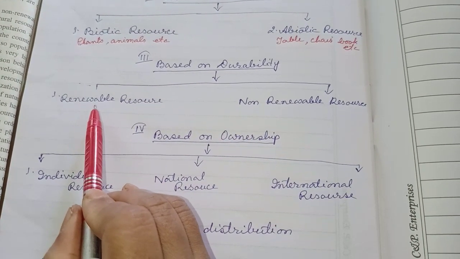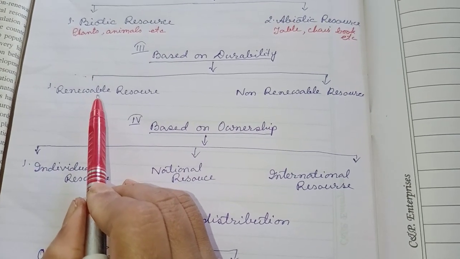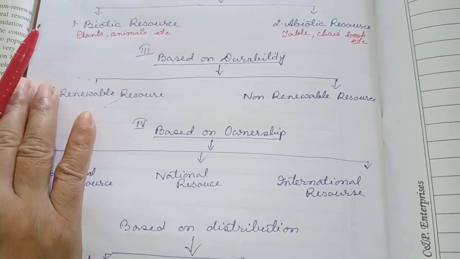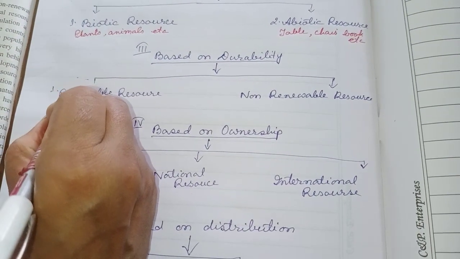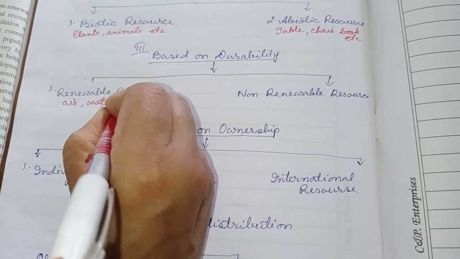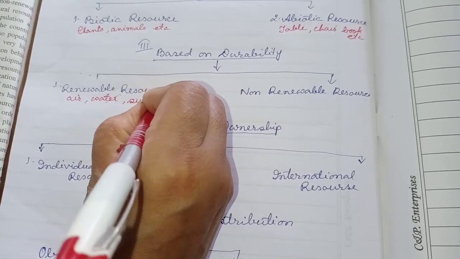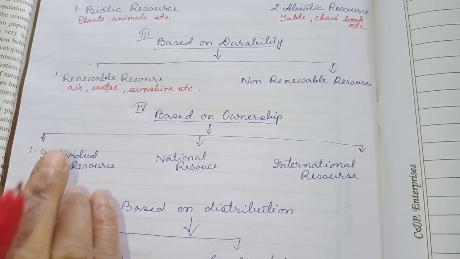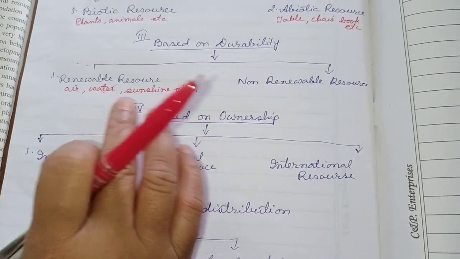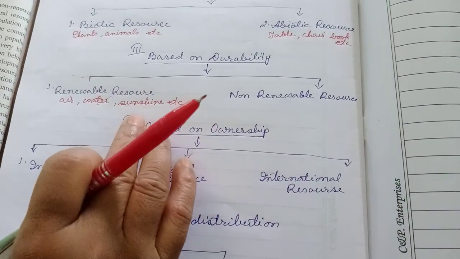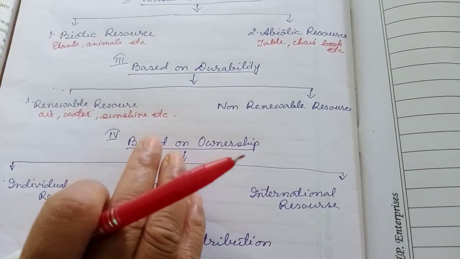Renewable resource means the things which can be used again and again and can be kept unexhausted, as for example, air, water, sunshine, etc. You can use these as much as possible because they are available in nature. After use also, they remain unexhausted in nature.